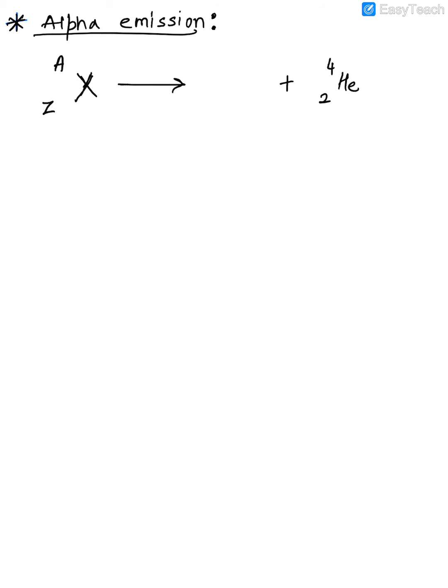You had an atomic mass A, and 4 has been extracted from there. So will the atomic mass increase or decrease? It has to obviously decrease, because you removed 4 from it. So what will be the new atomic mass? I'll write A minus 4.